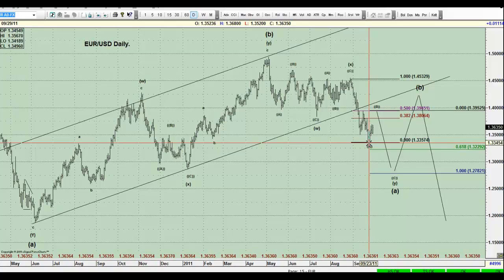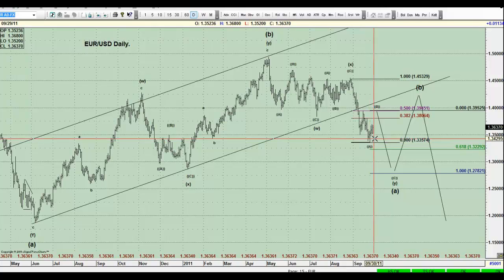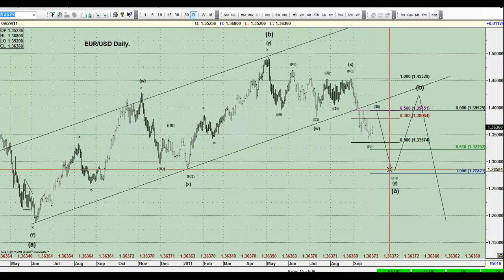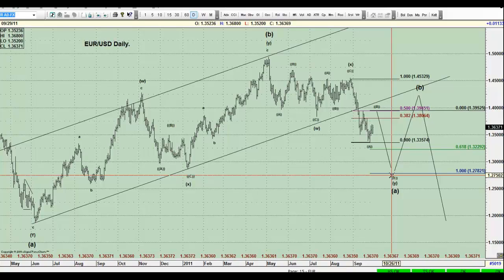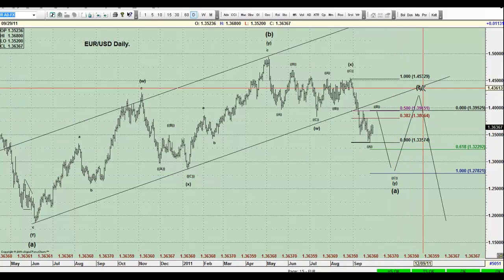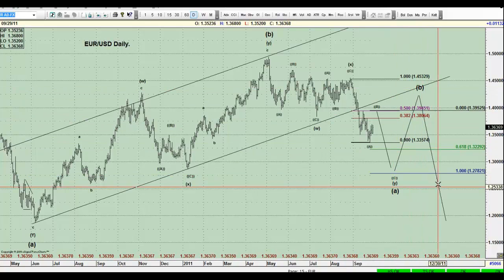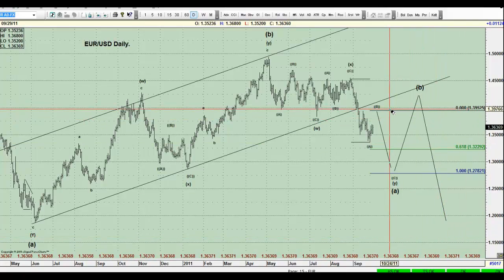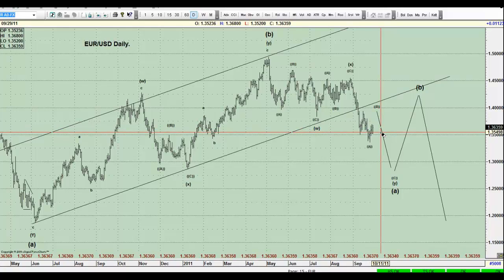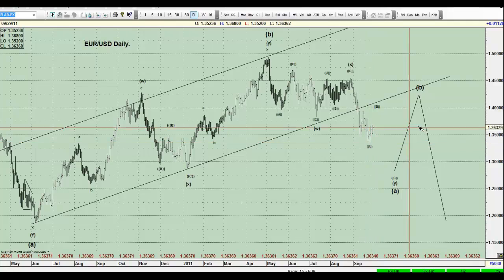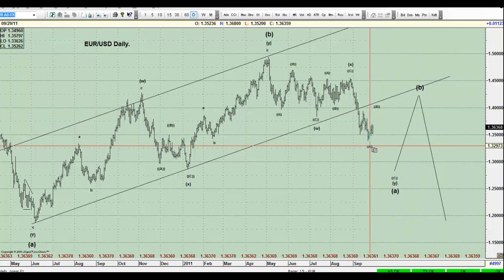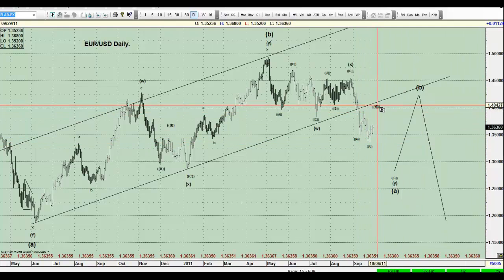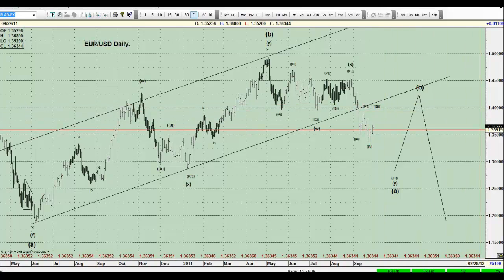Now that's the most bearish of the two. After this low, what should happen is 1 2 3, and then lower. Now there is an alternative count that is placing this as a low, and that alternative count, contrary to what many people believe, is possible.